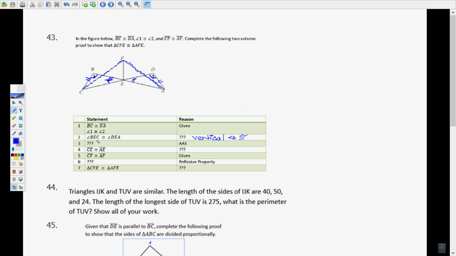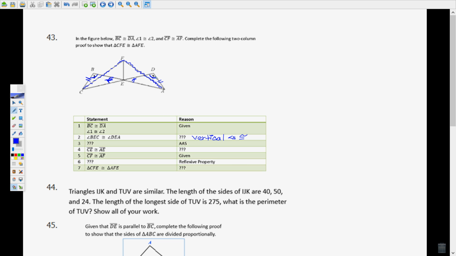And then it says what goes here for angle, angle, side. Well, remember, whenever you have angle, angle, side, side, side, side, side, angle, side, angle, side, angle, or if you have a right triangle, hypotenuse, leg, those are your triangle congruence theorems and postulates. So we must be trying to prove two triangles congruent.